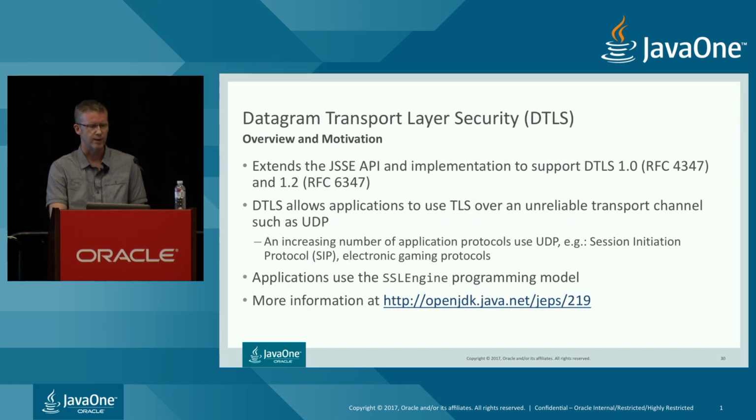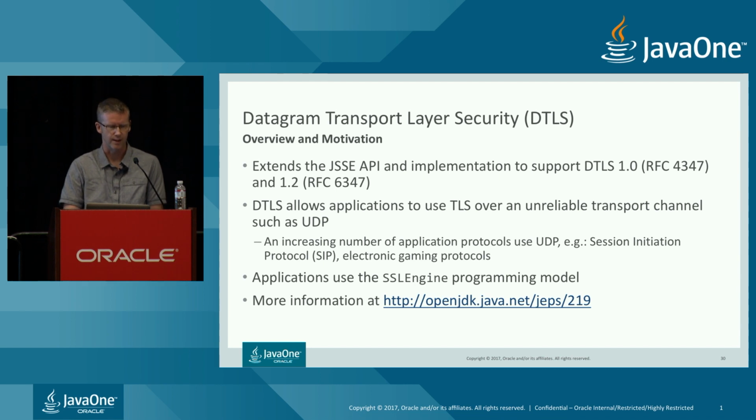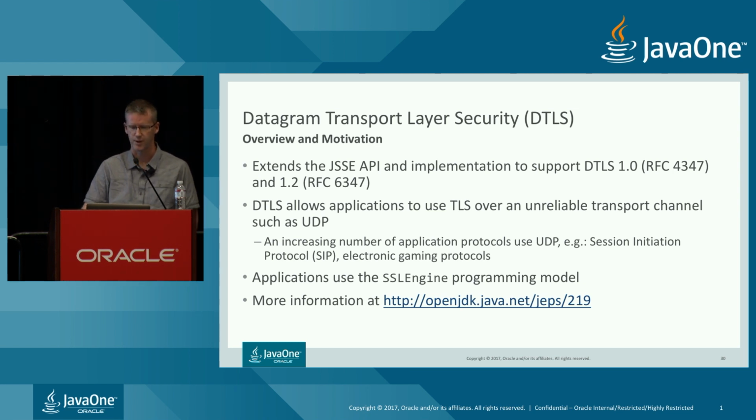And then the next JDK 9 TLS feature is DTLS. This extends the JSSE API and implementation to support DTLS 1.0 and 1.2. So DTLS allows applications to use TLS over an unreliable transfer channel, such as UDP. Regular TLS is for reliable transport channels like TCP/IP.